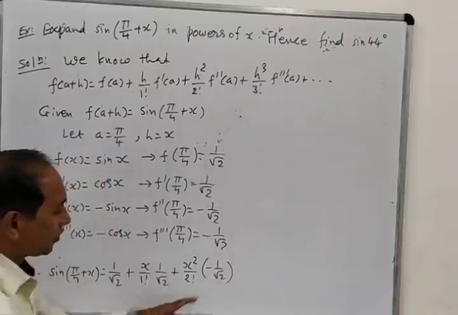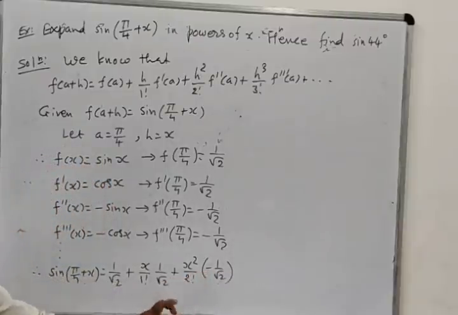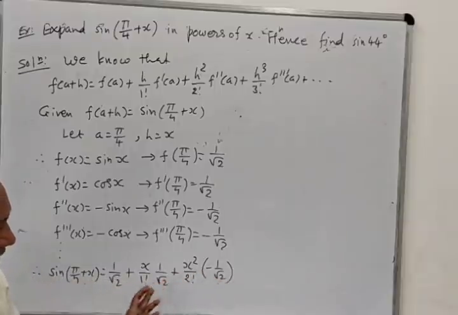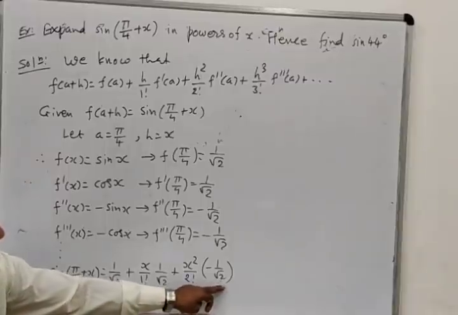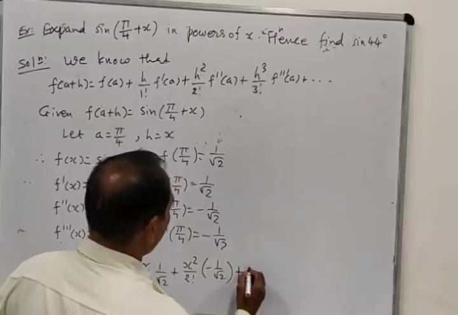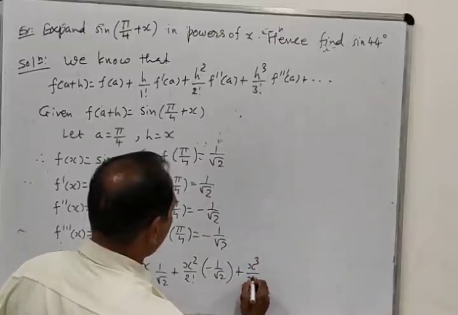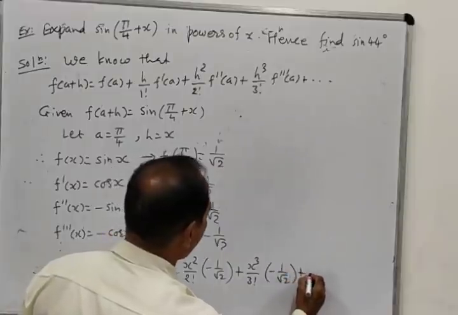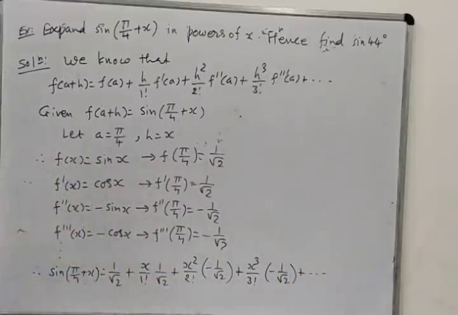Here we put this into brackets because of the minus sign. If we do not use brackets and put the minus sign directly, then these two terms will be separated, but this is nothing but a single term. Then h cube means x cube by 3 factorial into minus 1 upon root 2. Then, since we have not obtained further derivatives, we write plus dot dot dot.